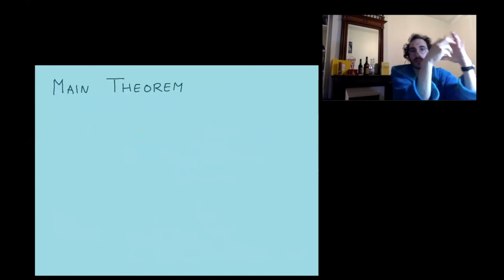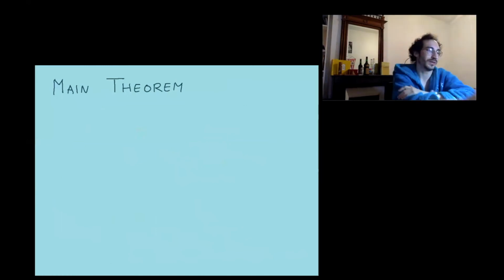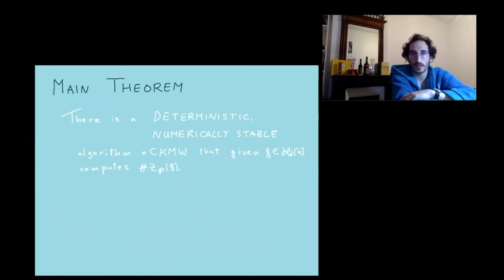So now we have the language to express the main theorem of the paper, which is: there is a deterministic numerically stable algorithm, which I call ACKMW, that is, adaptive Cucker, Krick, Malajovich and Wschebor, that given a real homogeneous polynomial system computes the number of projective zeros.